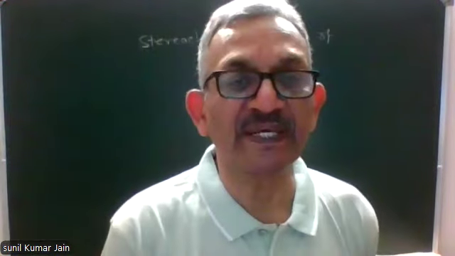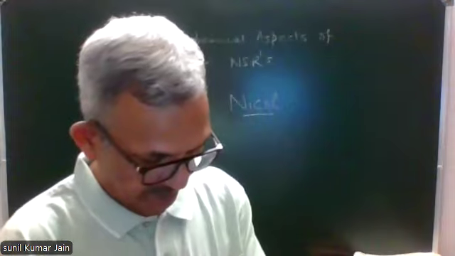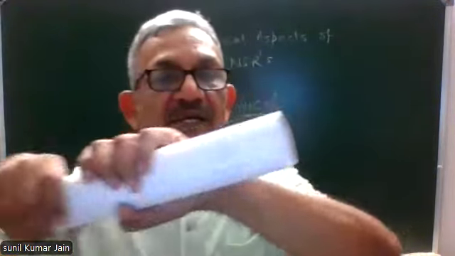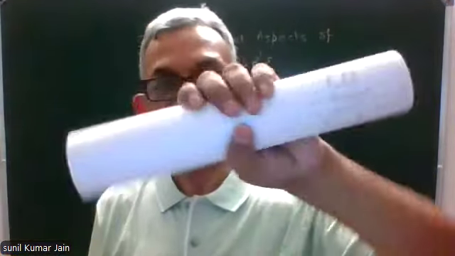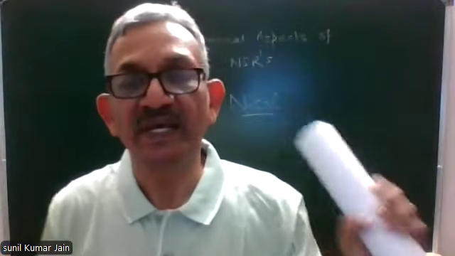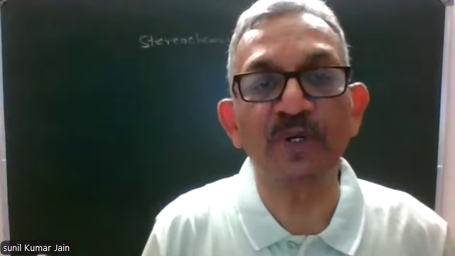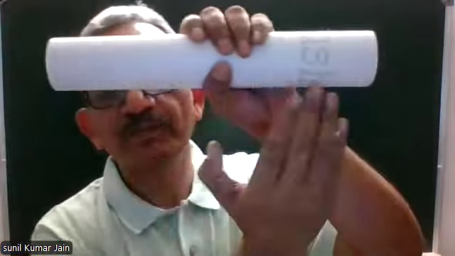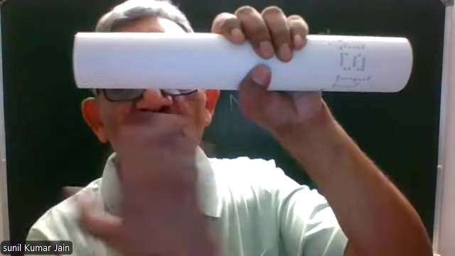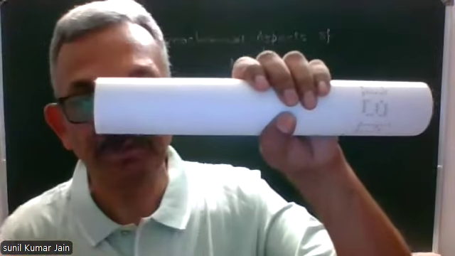The second topic is optical activity. Now look here. This is a tube. There's an instrument called a polarimeter. This polarimeter has a tube, and let us imagine this is the polarimeter tube.